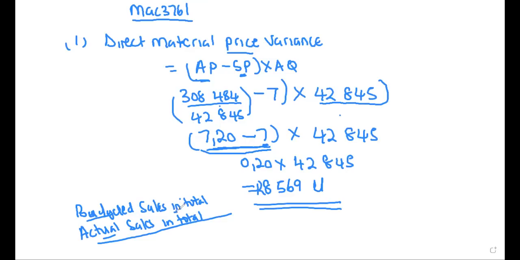If they give that, which is very rare in our third level. In our third level, mostly they want you to calculate this per unit. But here I'm just saying, if you meet a question that gives you the budgeted sales in total and the actual sales in total, it means you can get your variance by just subtracting your budget sales and the actual sales.